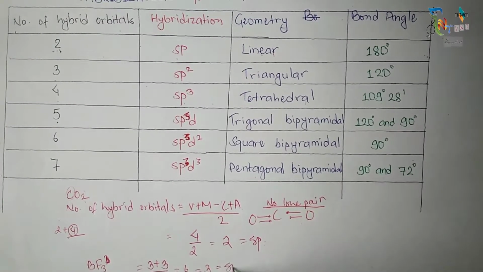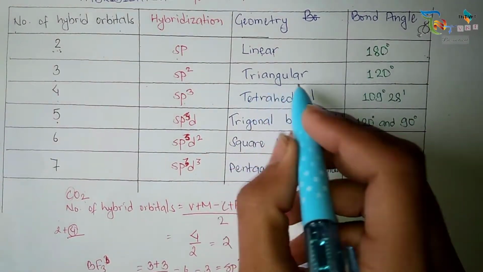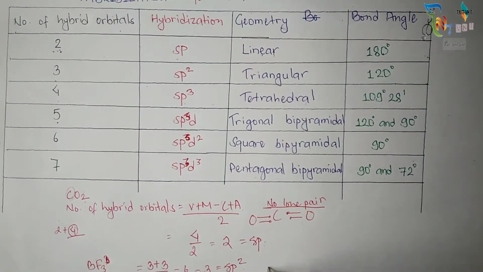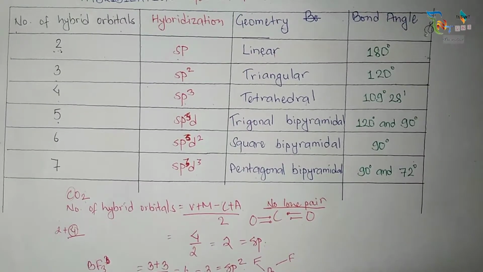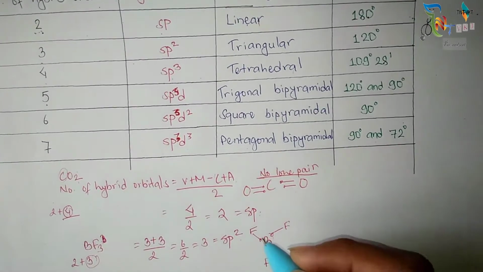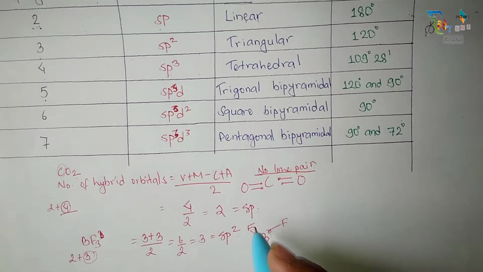This means sp2, bond angle 120 degrees, triangular geometry, with no lone pair because the 3 are fulfilled here. In BF3, the central atom has 3 electrons and each is used up in sharing.